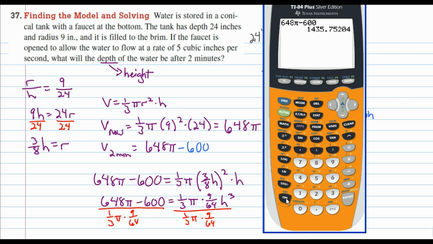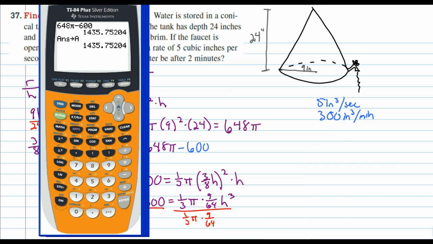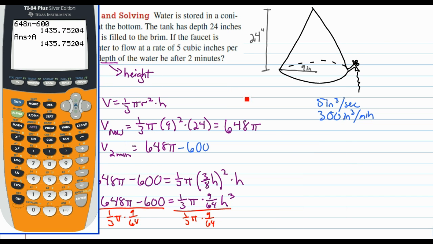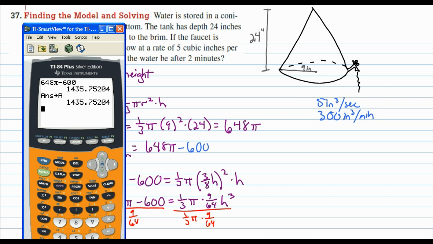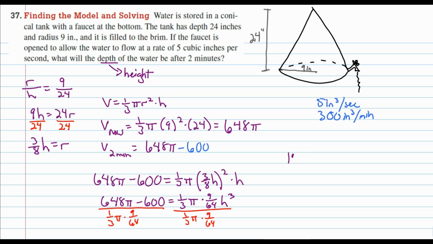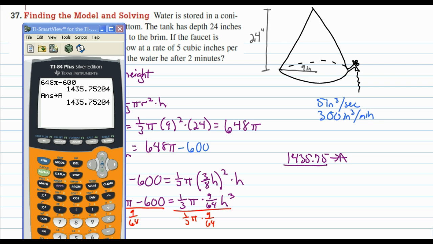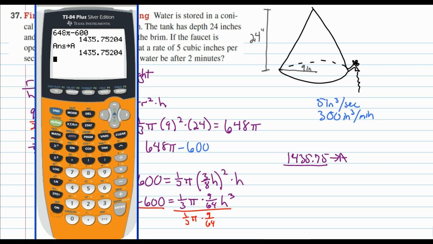I'm going to store that above the on key, store as alpha A. So now on my piece of paper, I'm going to put 1435.75 stored as A divided by, now I'm going to find out what the denominator is after I pick up my pen.